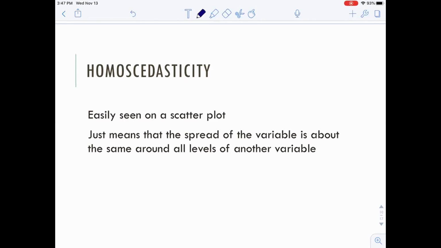Anyways, homoscedasticity is just referring to one of the assumptions that we have for our correlation to apply, which is that we have to have even scatter throughout our plot.